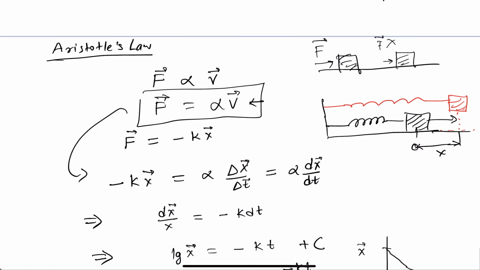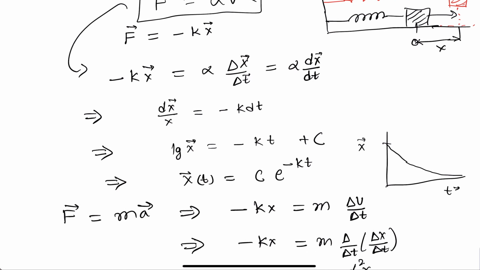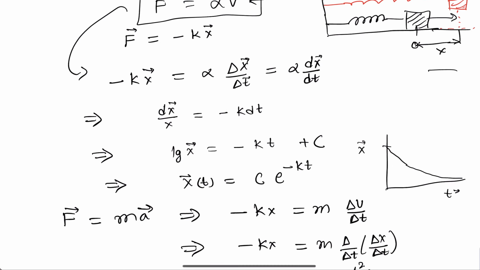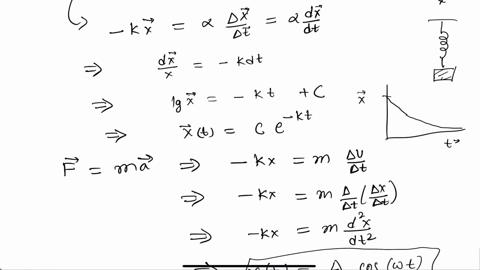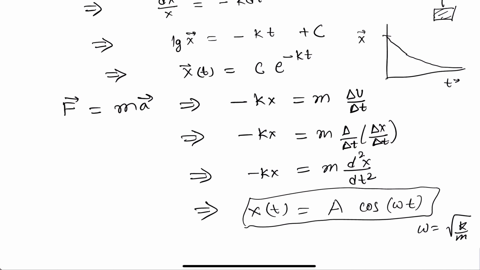If you don't find a frictionless table, you can just take a spring, connect it to a mass, pull the mass, and let it go, and then you can see what happens. And of course, what you would observe is that this mass oscillates rather than going exponentially to the equilibrium position.